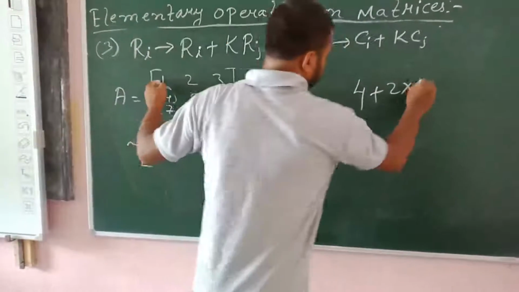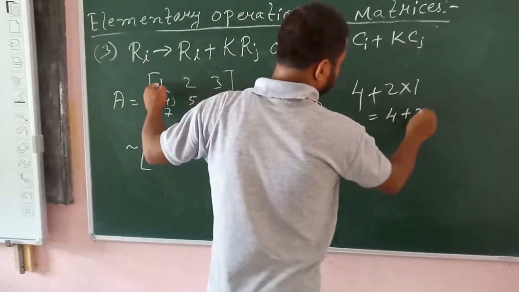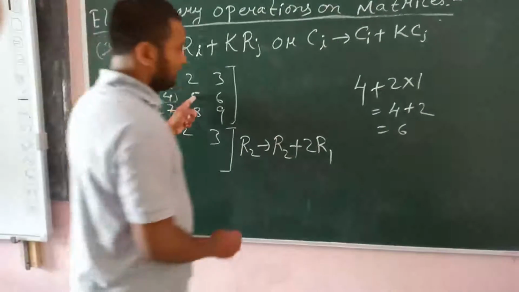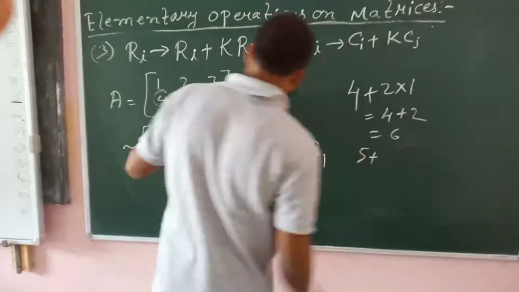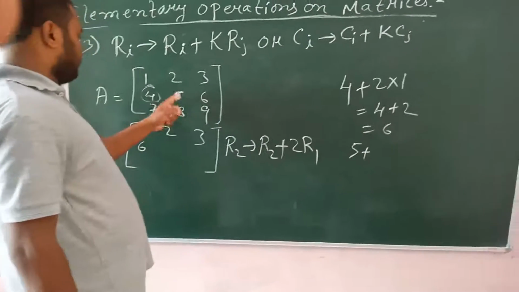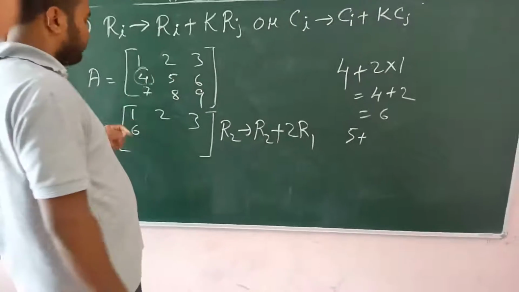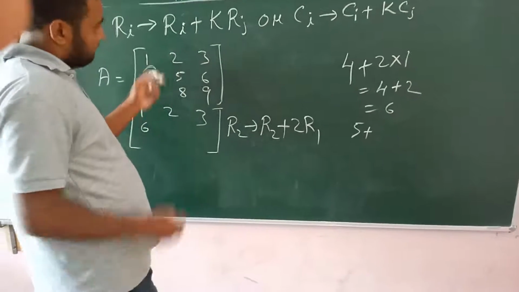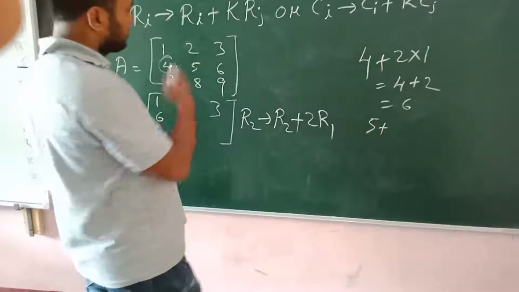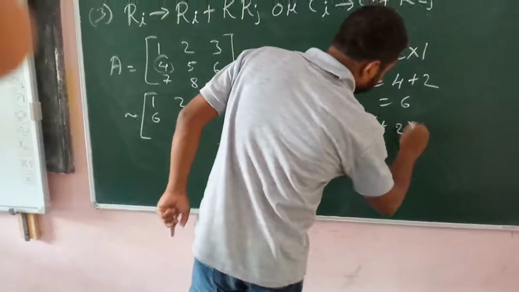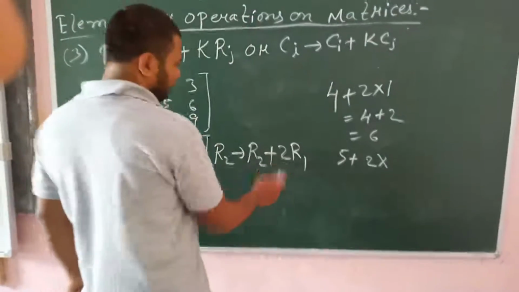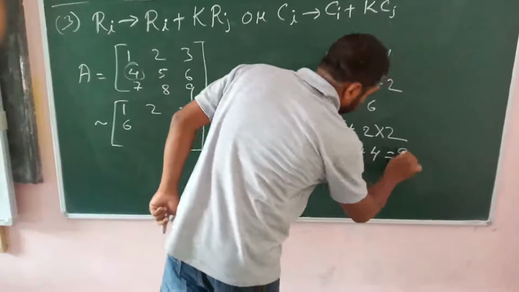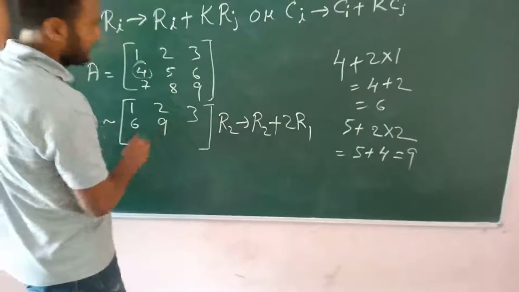So we get 4 plus 2, which is 6. For the second, 5 is the second element of R2; the number on top of 5 is 2, and multiplied by 2 it is 4. So 5 plus 4 is 9.